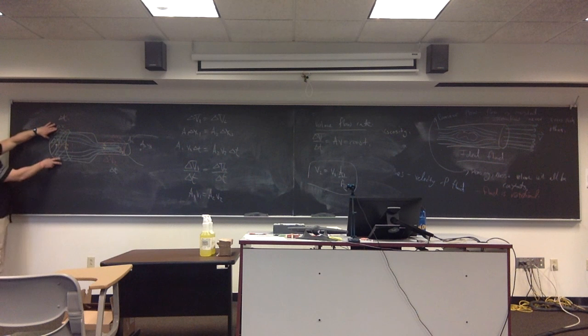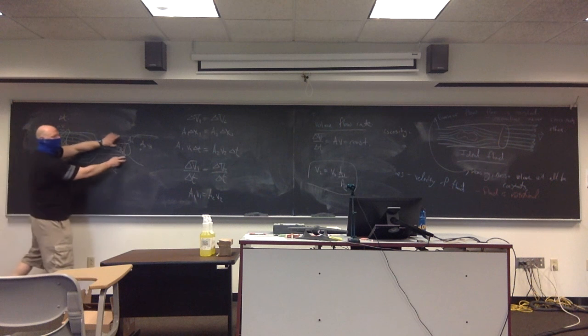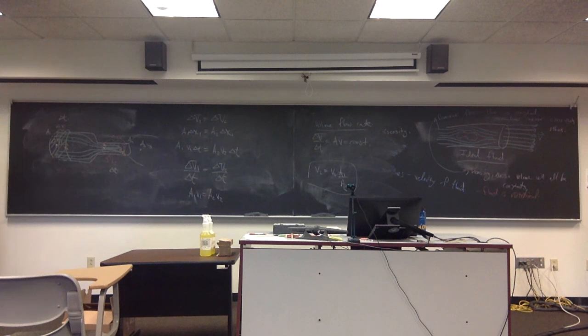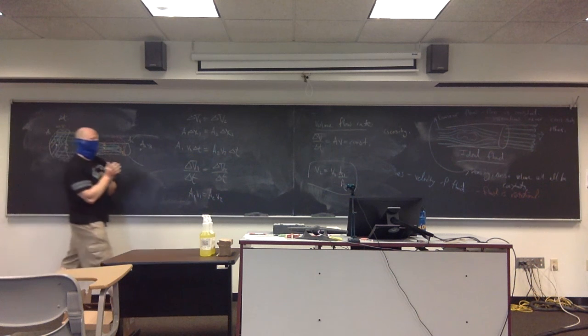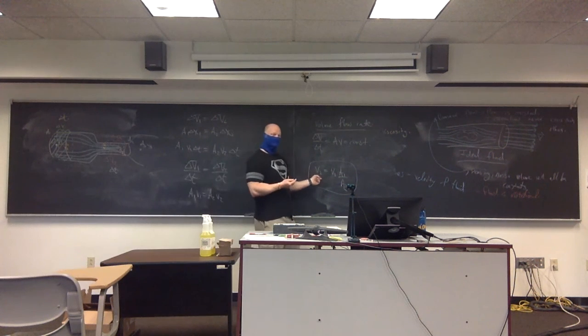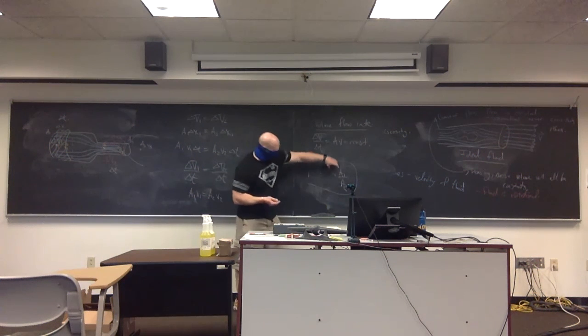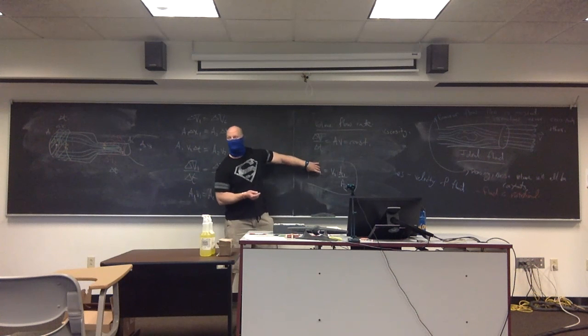Well, V2, right? Because if this is going from a large to a small, this is going to become an even bigger number, which means that if I multiply it by V1, I get a very large velocity.